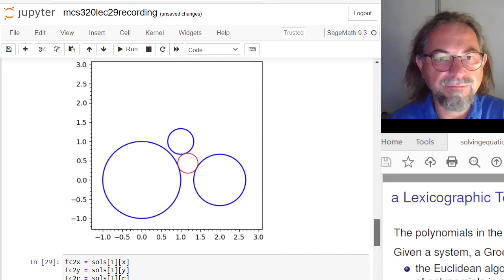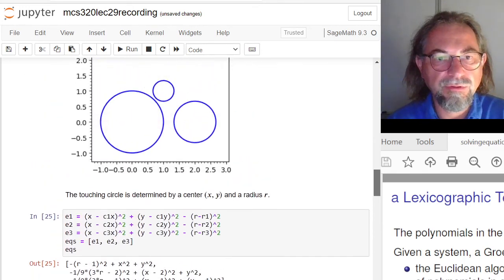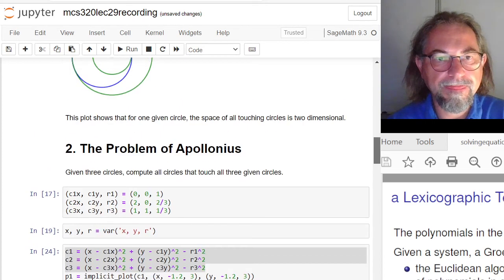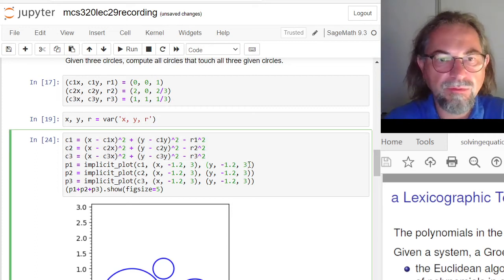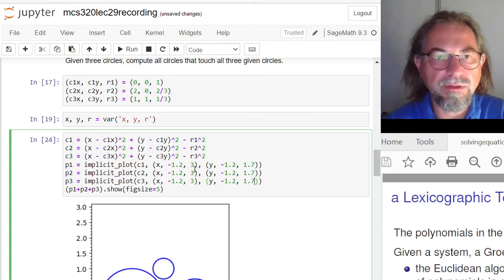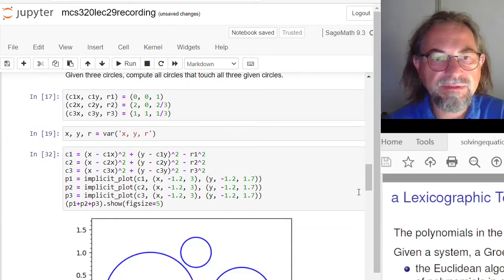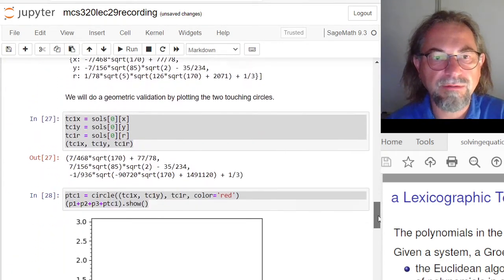If I want to clean up the plot a little bit, instead of going from 2, 3, I should have gone with Y. 1.7 looks a lot better here now. Then I get rid of the white space. Good, so this is my input now.